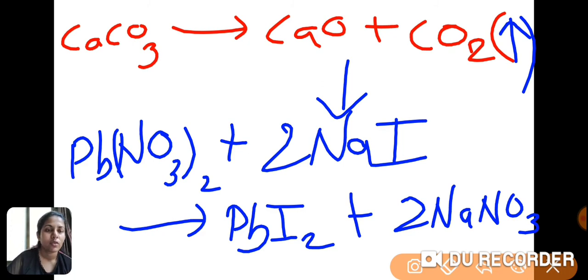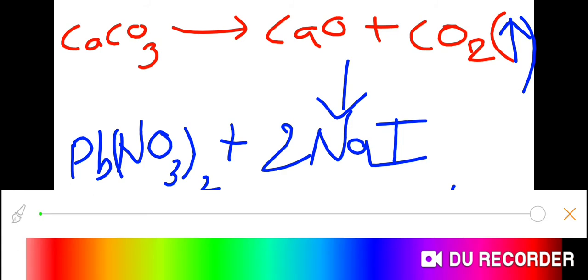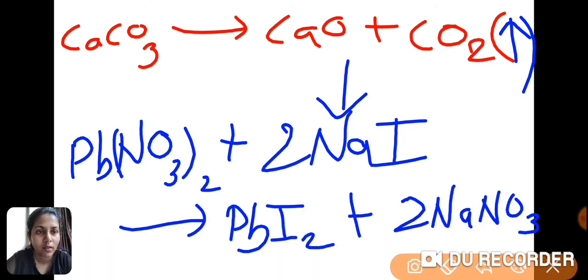So we will show that as a solid form, with a down arrow. When gas is liberated, we will show an upside arrow. But PbI2, that we show as a downside arrow.